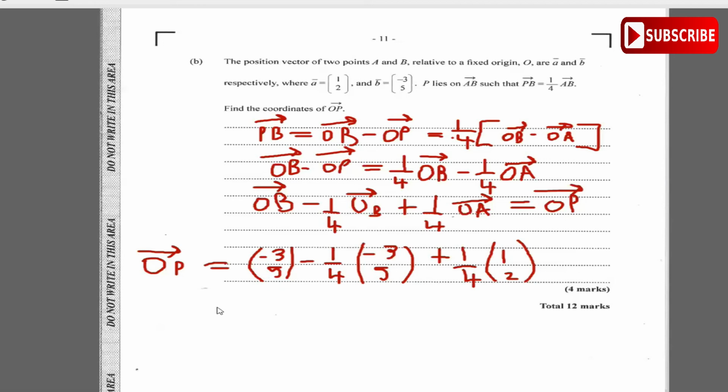So let's simplify it. The x coordinate is just going to be minus 3. Minus a quarter times minus 3 is plus 3/4. Then a quarter times 1 is plus a quarter.